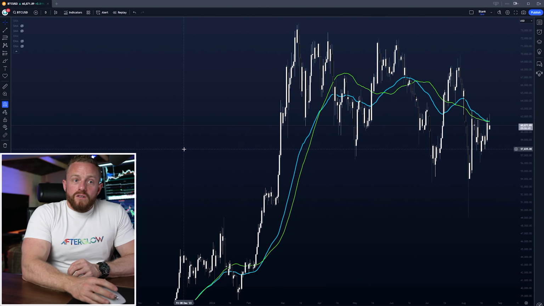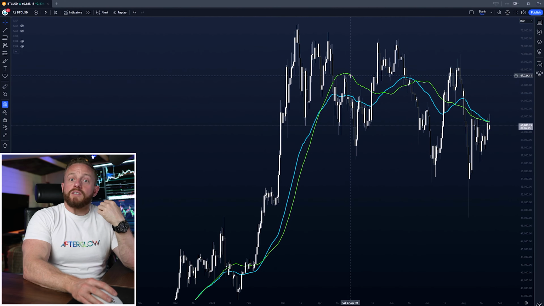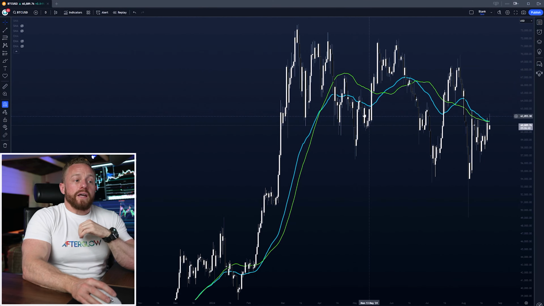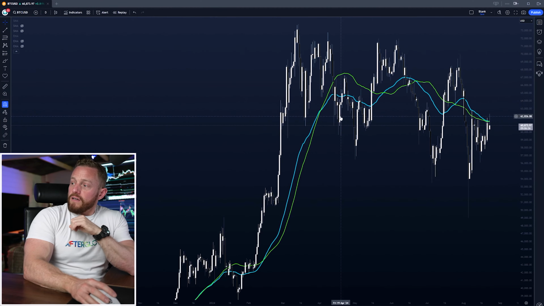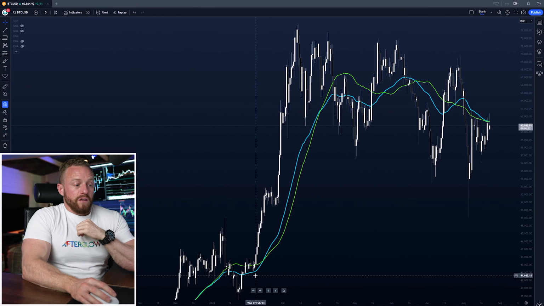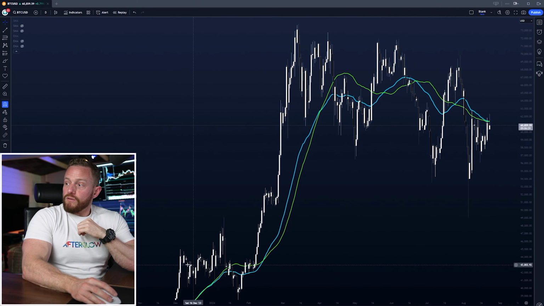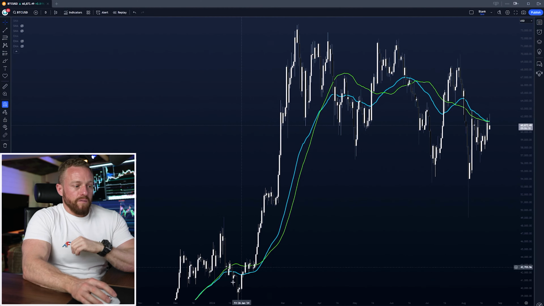So here I have the SMA line as before. This is the SMA 50 in green, and in blue I've added the EMA 50. Now if we go back and look at that big shift in trend from this ranging price action for Bitcoin in December, January, and then we saw that big impulse upwards trend starting here.